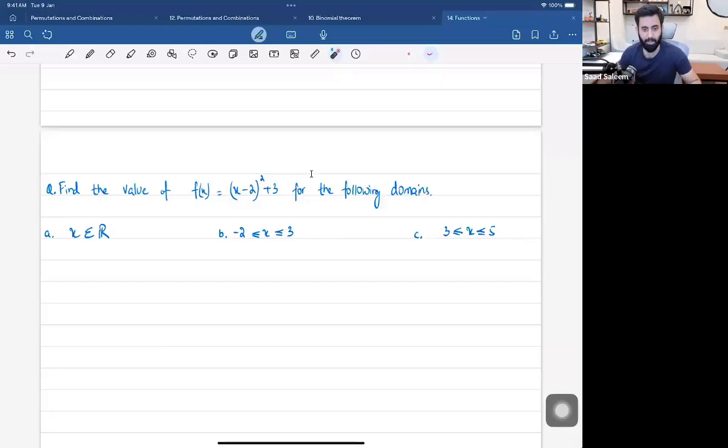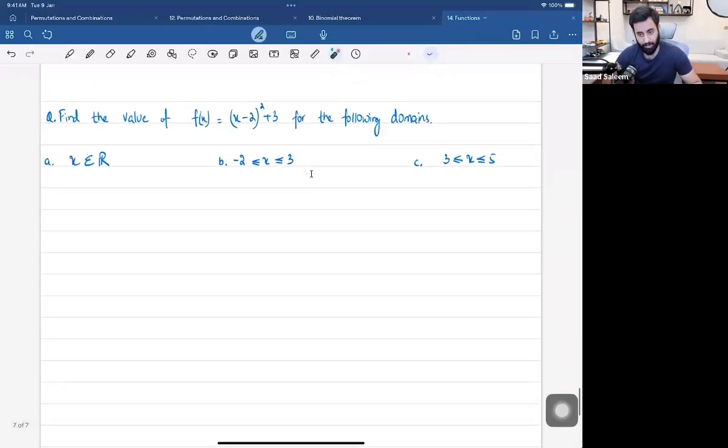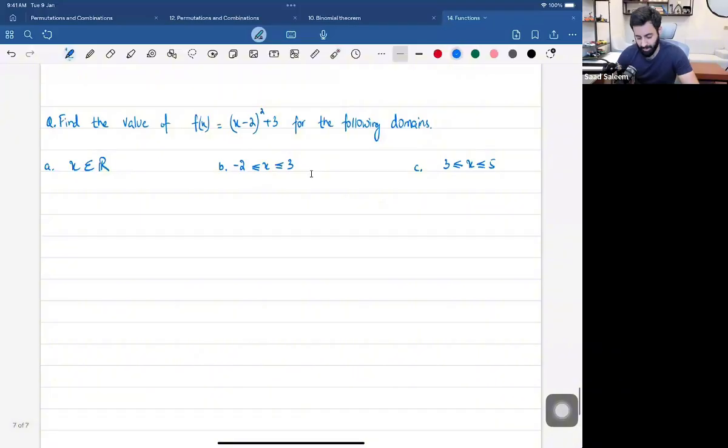But how will we know? Well, your safest bet is to make a rough sketch. And the only thing, honestly, that you have to take care of when you're making a rough sketch is the turning point. That's it. Because that's something that's important in a quadratic curve, especially when you're finding out the range. And what do you think will be the coordinates of the turning point? Let's see if you guys remember.